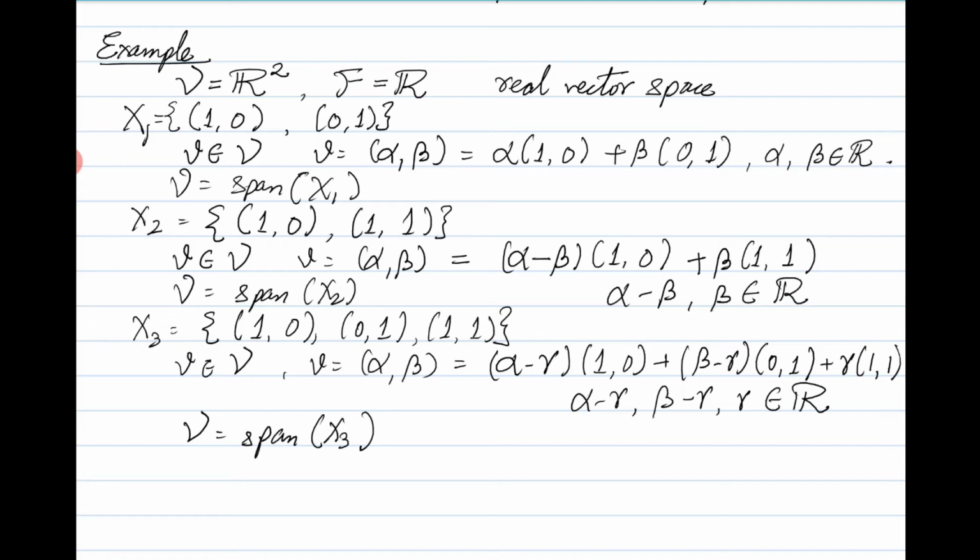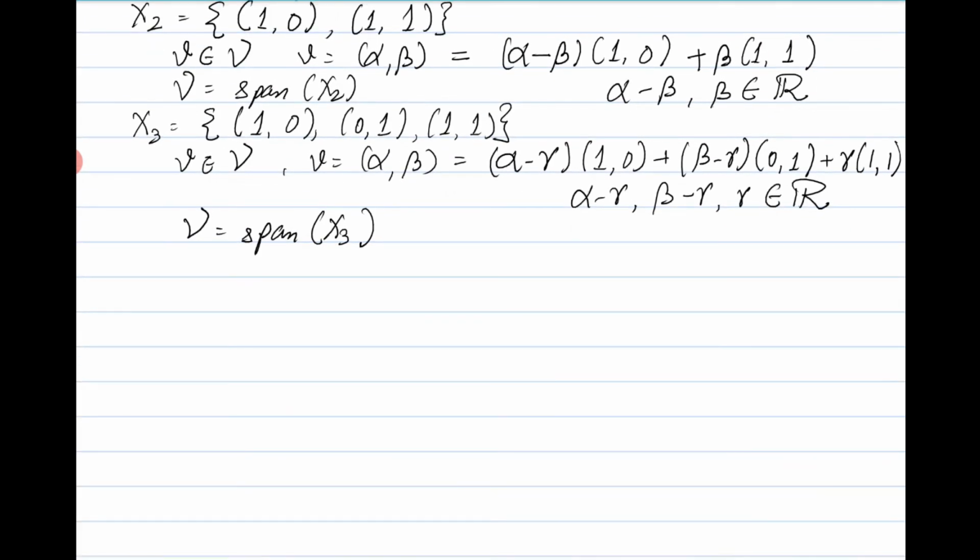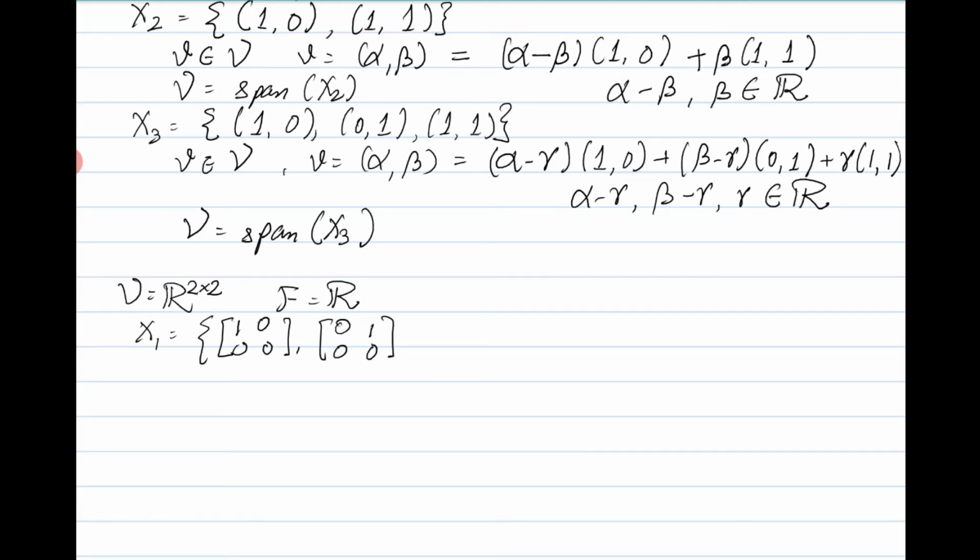Similarly, for a vector space denoted by R2 cross 2 with the field being reals, if the set x1 consists of these vectors, then one can show that V is a span of x1.